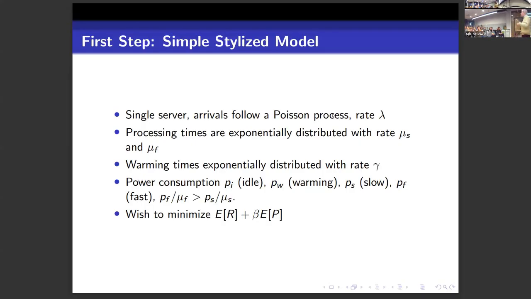What I want to minimize is a cost function that's the mean response time, so the performance of my system, plus some weight times the mean power consumption. I'm just trading off those two things with a simple cost function.